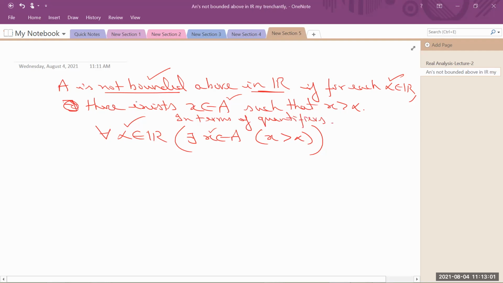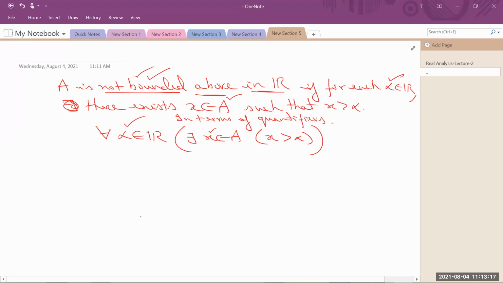Whenever a set is not bounded above, we need to write in this form: given any alpha belonging to R, there exists X belongs to A such that X exceeds alpha.